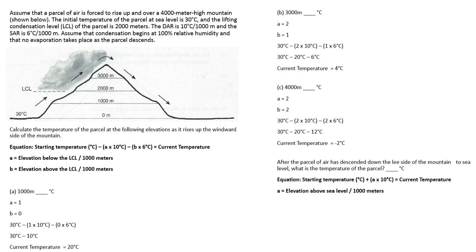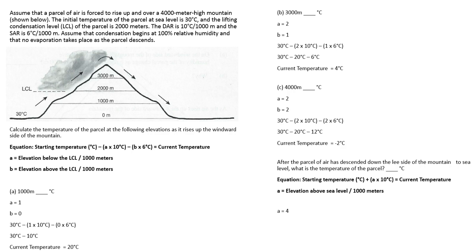Just as before, A will be equivalent to the current elevation of the parcel divided by 1,000 meters. Please note that the starting temperature of the parcel is not the original starting temperature, but instead is the current temperature of the parcel from where you begin descending.